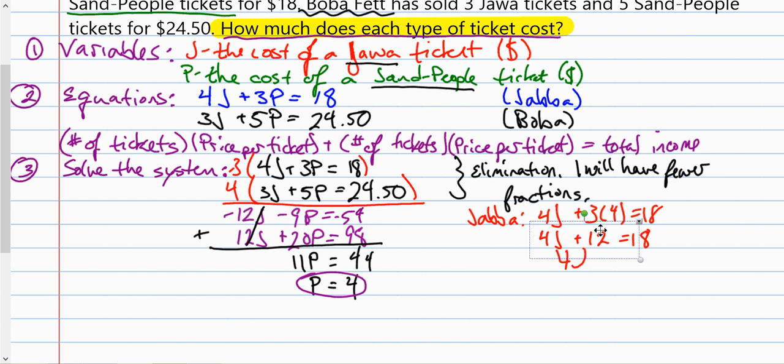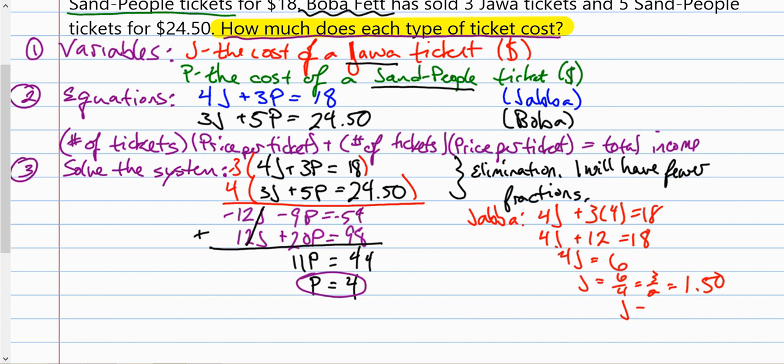4j, I don't know why I'm avoiding that box, I should just click it out. So 4j equals 6, j equals 6 over 4, which is 3 over 2, which in money is $1.50.